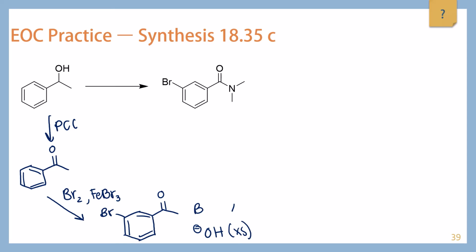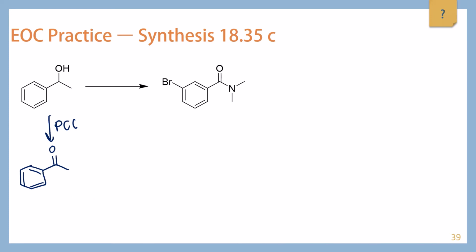Okay, erasing takes forever when you've drawn a ton of tiny lines here. Okay, so something you could do. You could jump ahead big time if you wanted. Use Jones, get straight to your carboxylic acid. Go to your acyl chloride.